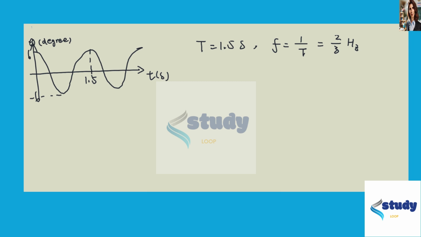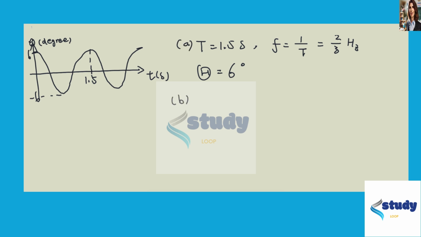And the amplitude is here, so the amplitude is 6 degrees. So we want to know how long is the pendulum. We need to first, so this is question A.